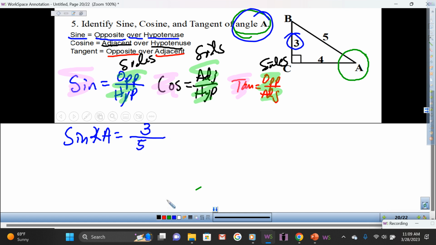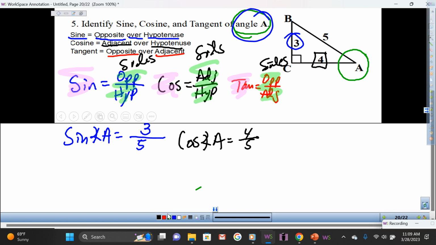Let's go to cosine. Cosine angle A. That one says adjacent, or what side is next to angle A. 4, that is correct. That's right next to it. Over the hypotenuse, which is 5.